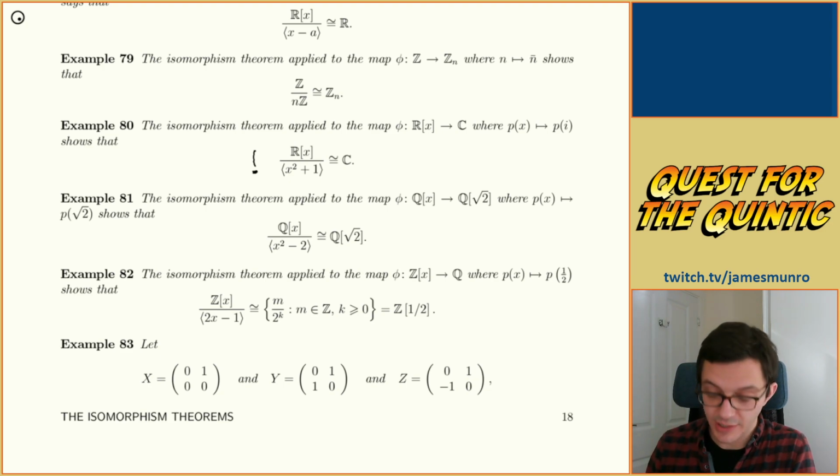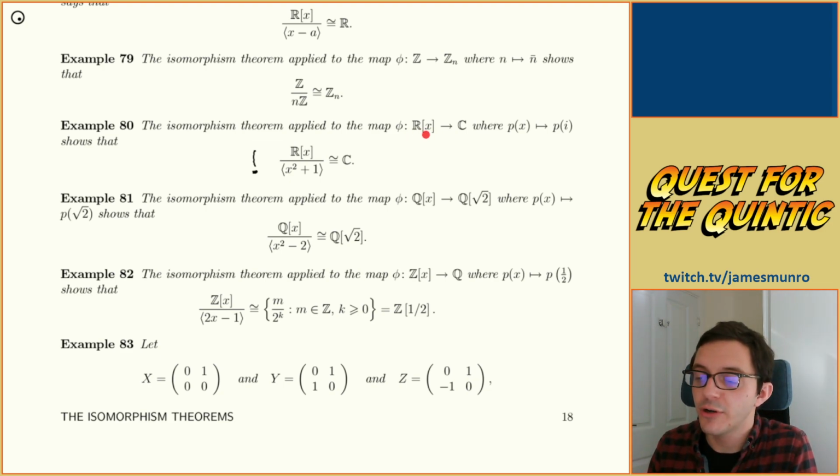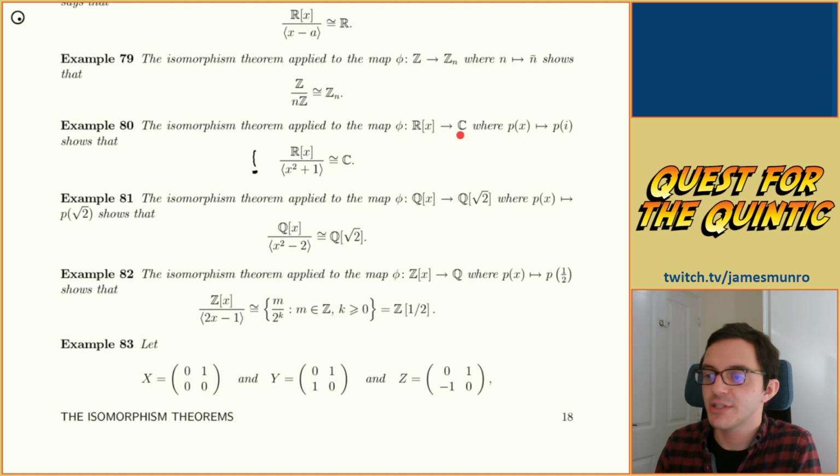So this is the map. It goes from real polynomials to complex numbers: show me your real polynomial and I'll plug in i everywhere. That's quite good. That's got some kernel.